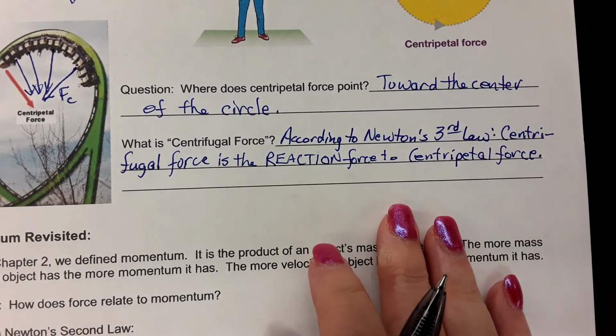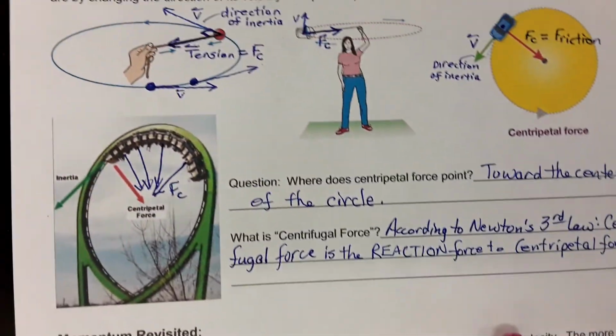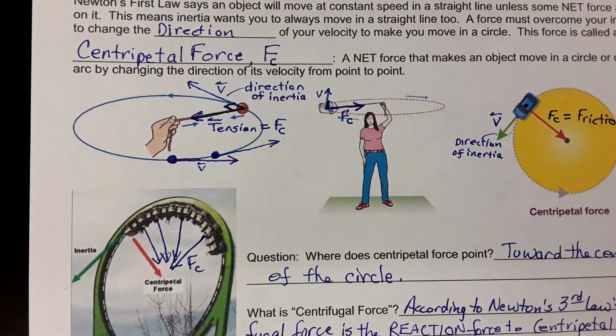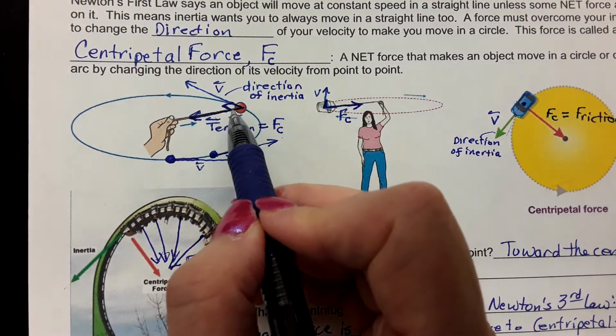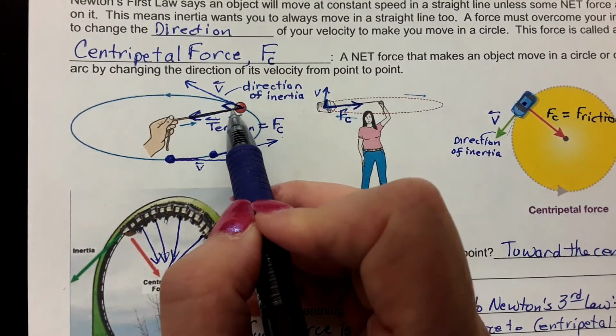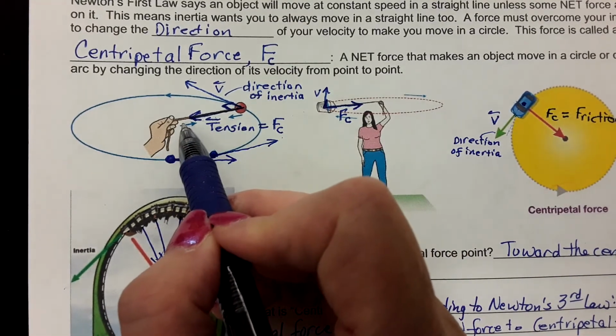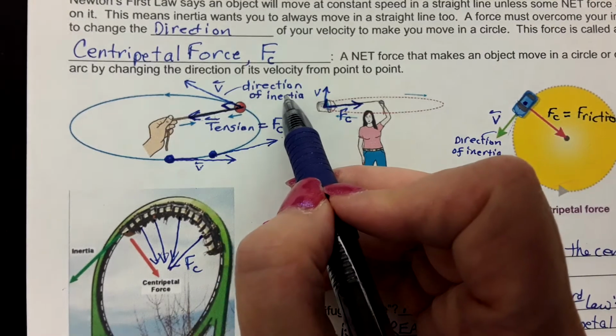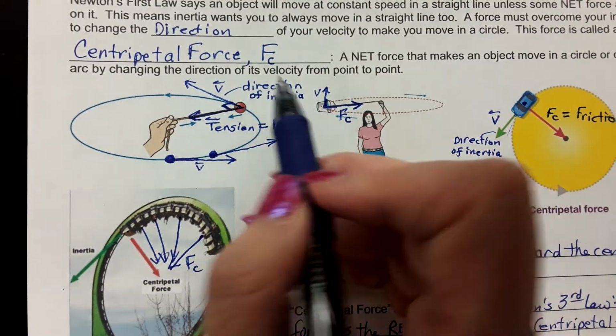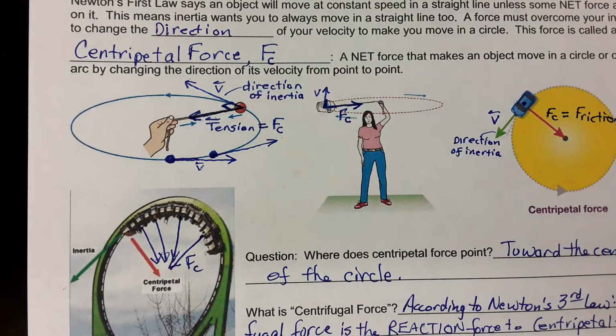Okay? Now, what do I mean by that? Well, let's look back up here. Look right here. The person's or the string is pulling inward on the ball. The reaction is the ball pulls outward on the string. That outward pull would be centrifugal force.